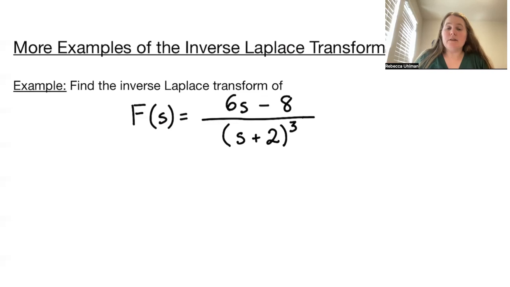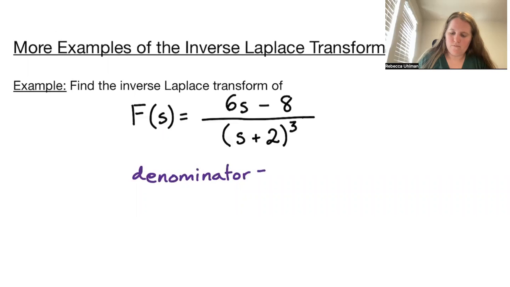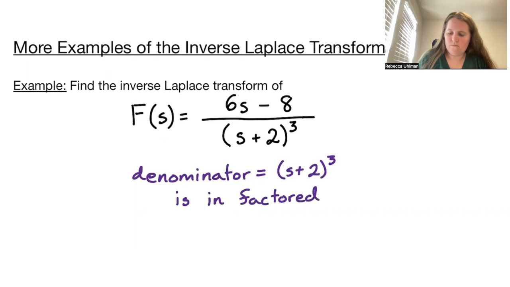The first thing to note here is our denominator is in factored form, and it just has one root, right? We've got that repeated root of -2.